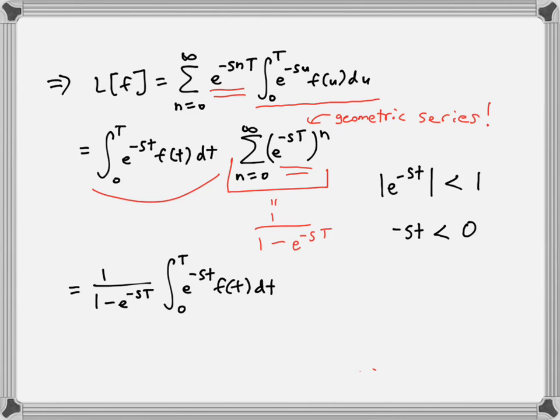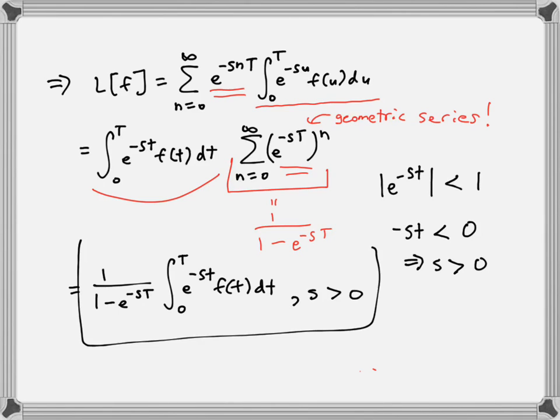Since T is positive, this must mean that s is bigger than 0. Because if negative s is less than 0, then s is bigger than 0. So no problem. We've got s bigger than 0 here, and this ends up being our Laplace. So we've got our result. This is the proof, and now we have a way to deal with any periodic function.